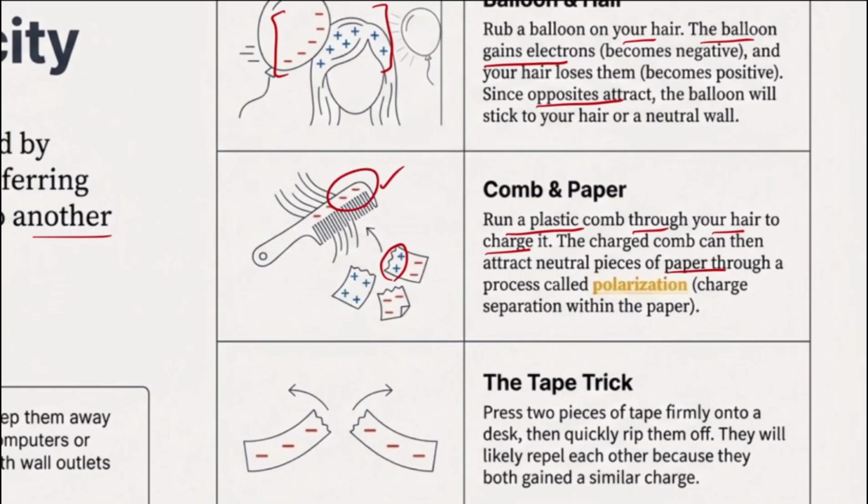This is something we call polarization, charge separation within the paper itself. The negative and positive sides are on one side and the other, so if you bring the comb close, they're going to attract each other.